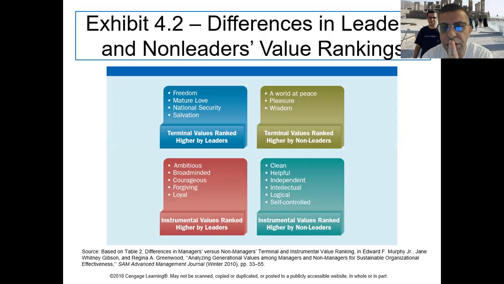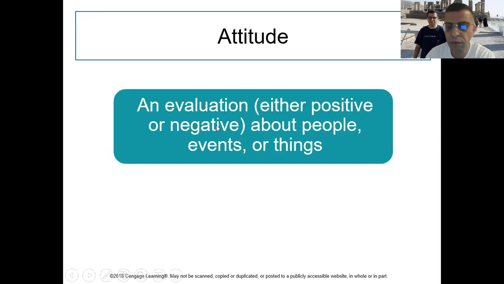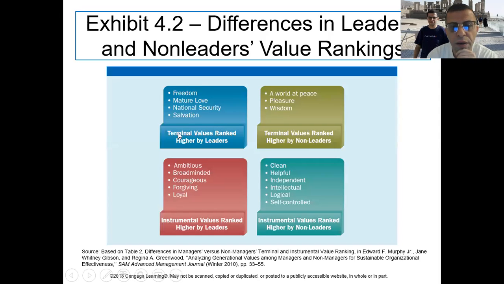Now, the differences in leaders' and non-leaders' value rankings. I'd like you to take a look at this. Here, what you see, for example, terminal values ranked higher by leaders are freedom, mature love, national security, and salvation.